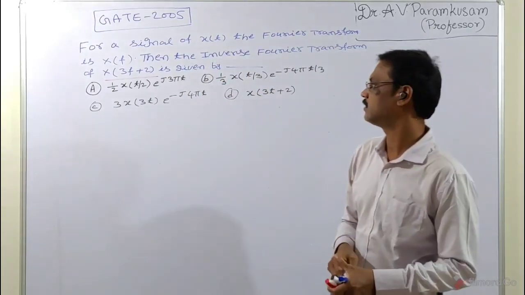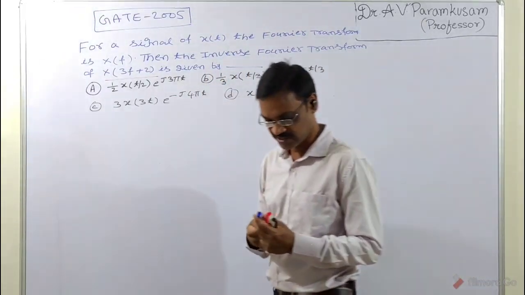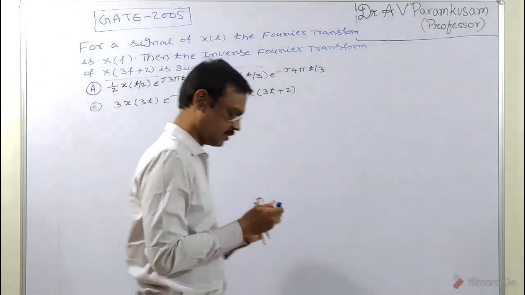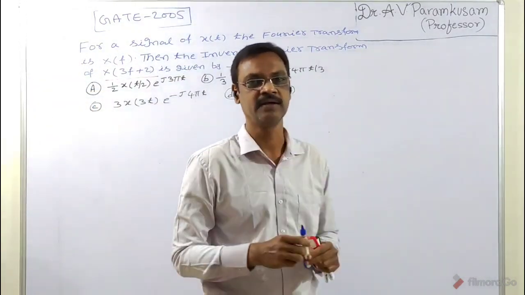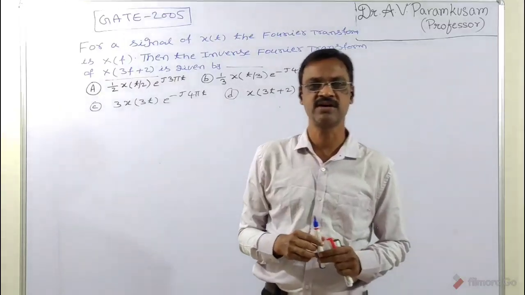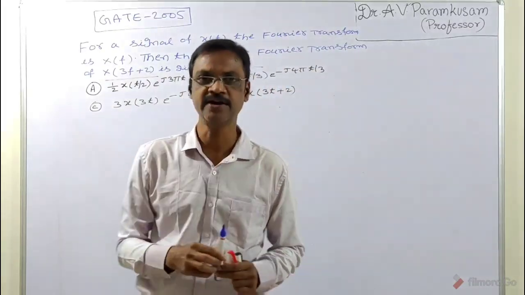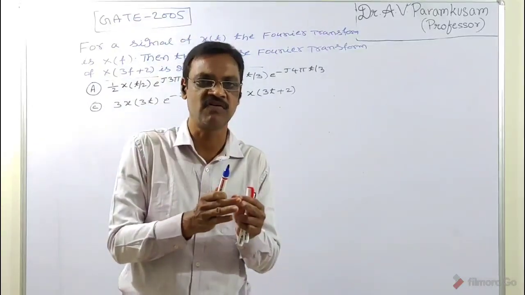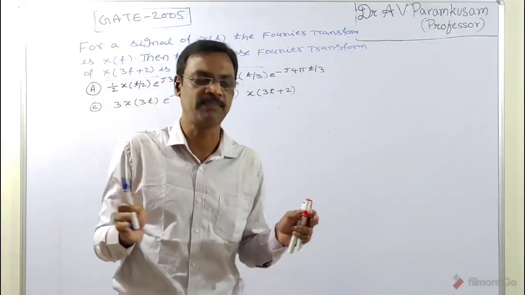We need to find the inverse Fourier transform of X of 3f plus 2. Till now we have solved the Fourier transform of x of at plus b. Now we try to solve the inverse Fourier transform of a signal which is in the form of X of at plus b.